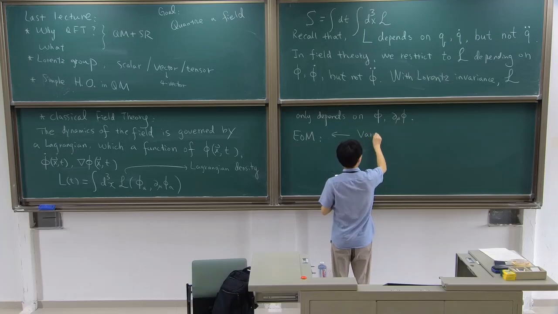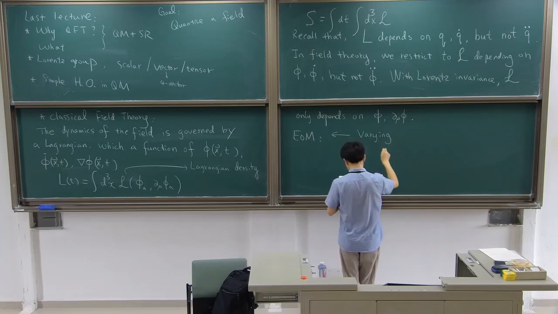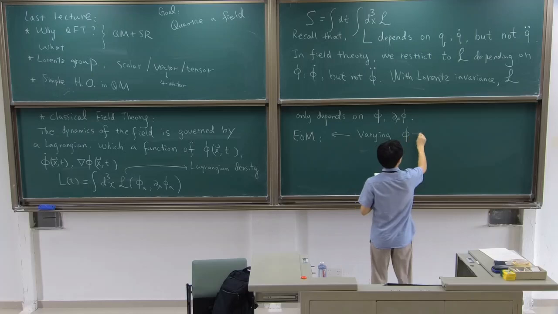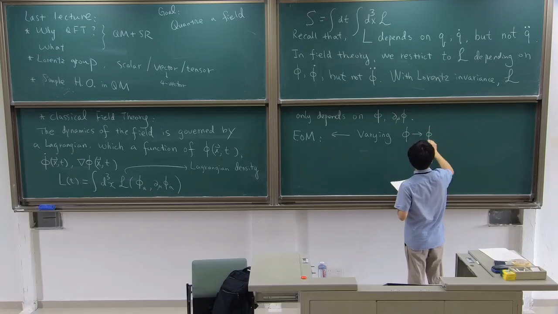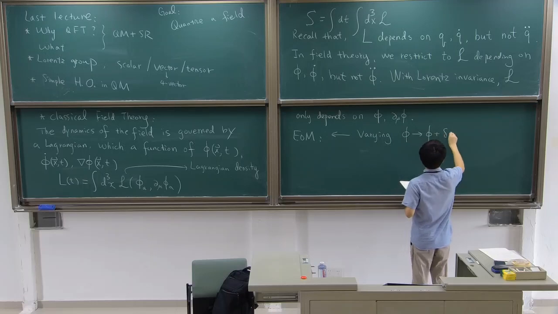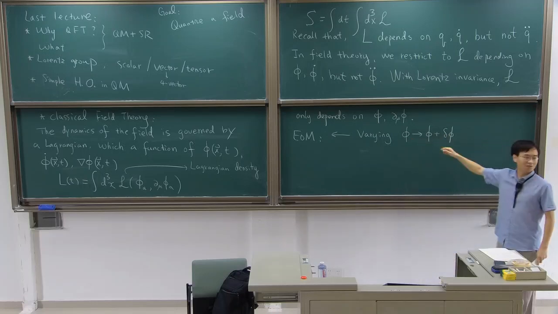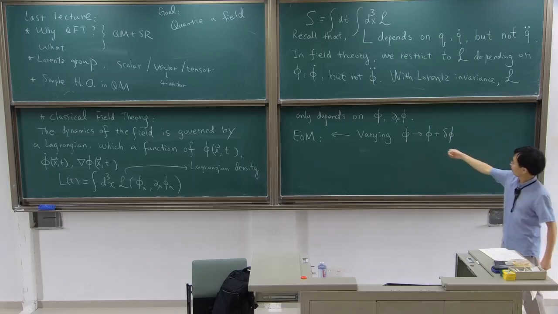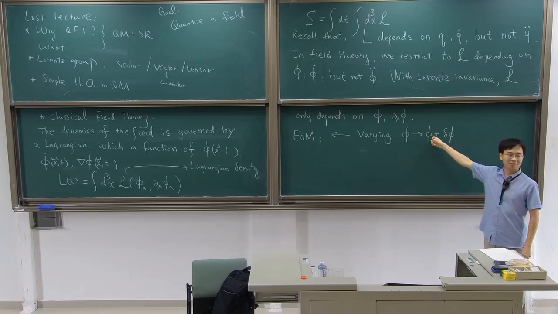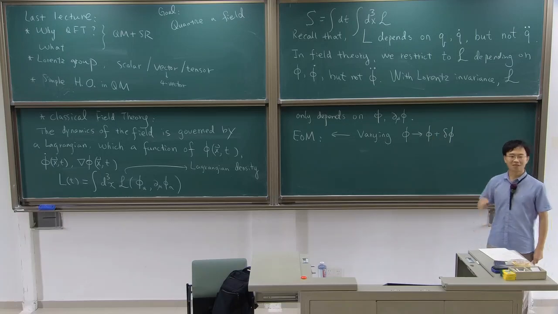In order to derive it, we have to vary the field phi. Let's see. I do a very generic variation of my field phi. Now this phi here should refer to the field. Sometimes I just drop the space-time index, but you should keep in mind these are just fields.